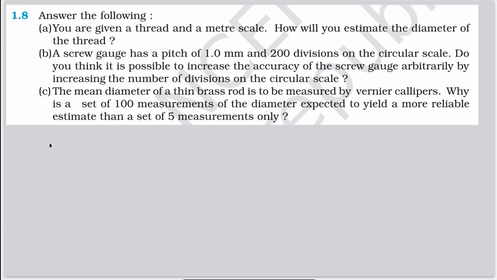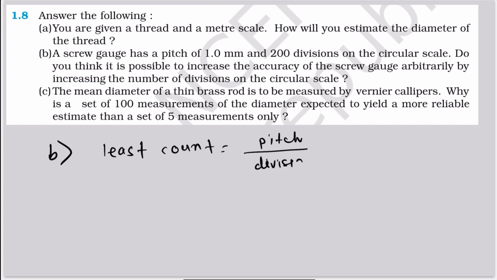So you can see that if the number of divisions increases, what we know, in question B I will write that the least count is equal to pitch by division, isn't it? Now you see, division increases. If division increases, that implies that this least count decreases.